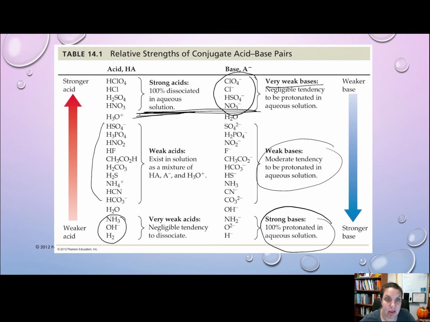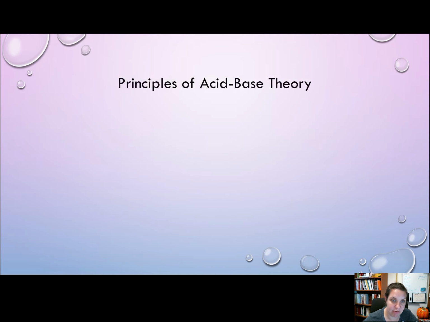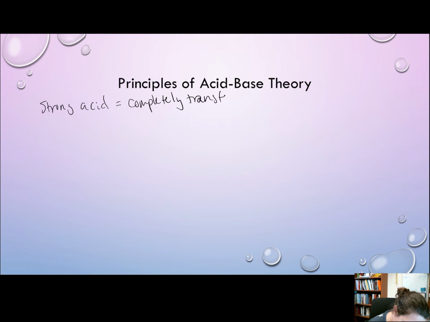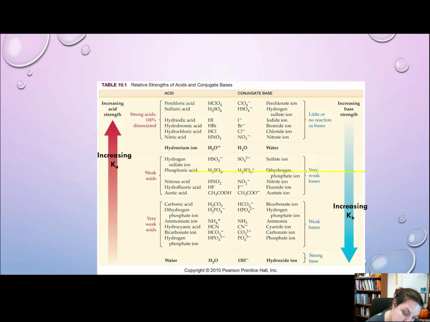Let's look at a summary of what we've talked about. If we have a strong acid, it will completely transfer a proton. So it dissociates completely.